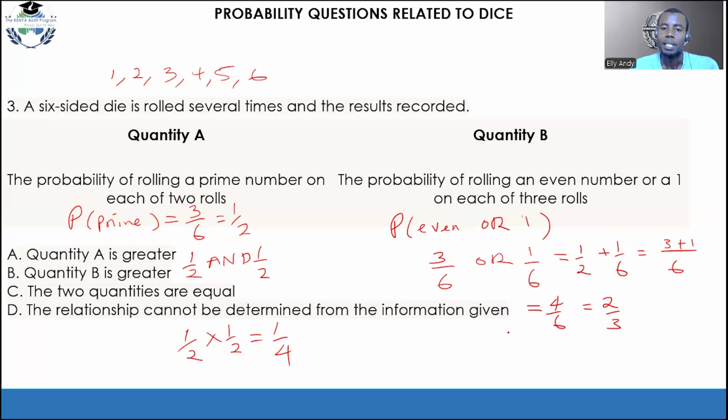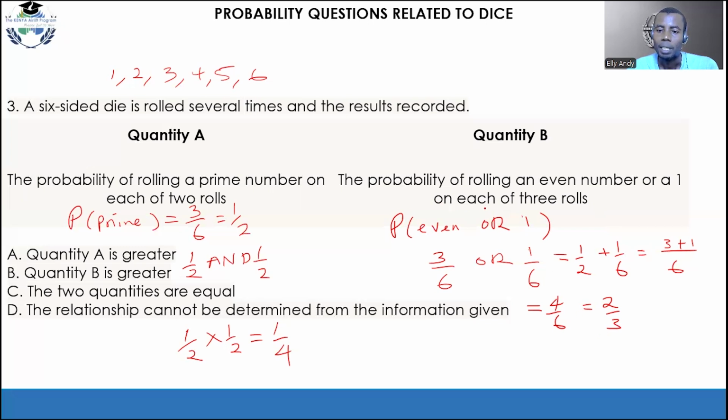What I mean is, if you do something n times, and you want to know the probability of a certain event done n times, then you just have to calculate the probability once and raise it to power n. So in this case, the probability of getting an even number or a 1 when rolling the die once is 2 over 3.